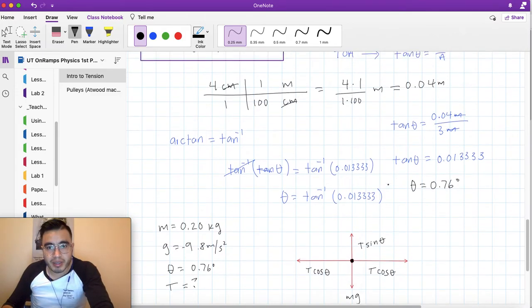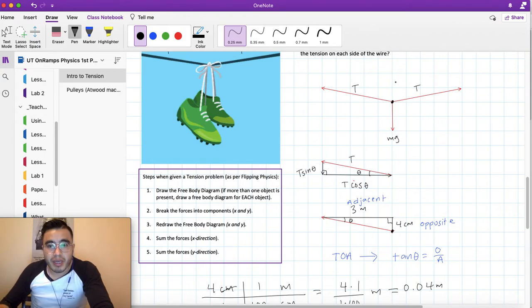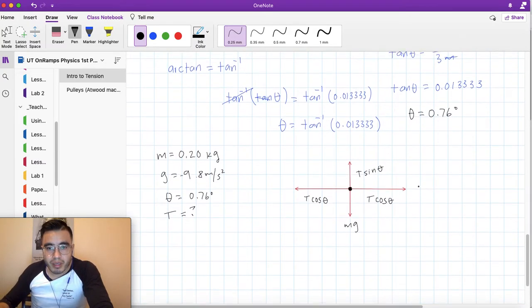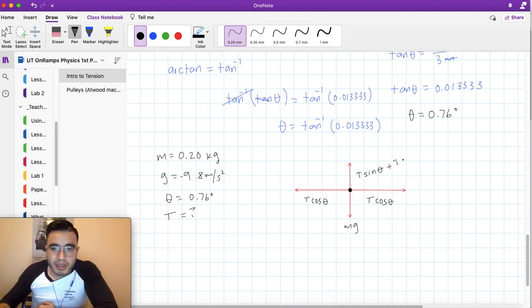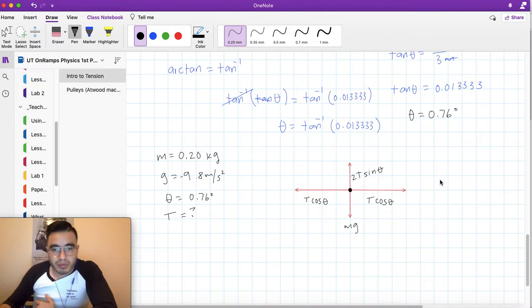The reason being is there is a component along the Y direction from each side. So this one is not just T sine theta, but T sine theta from the left side plus T sine theta from the right side. So this would be plus T sine theta. If you want to simplify, you can just rewrite it as 2T sine theta. There you go.